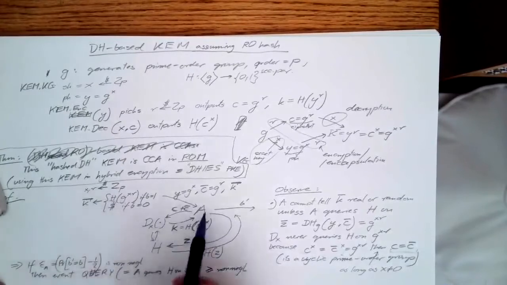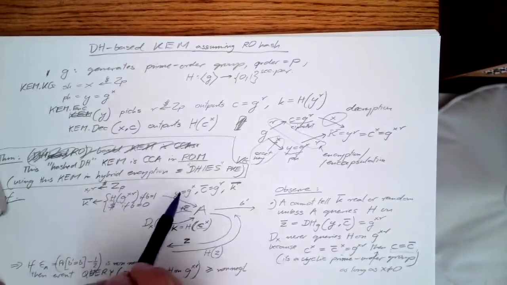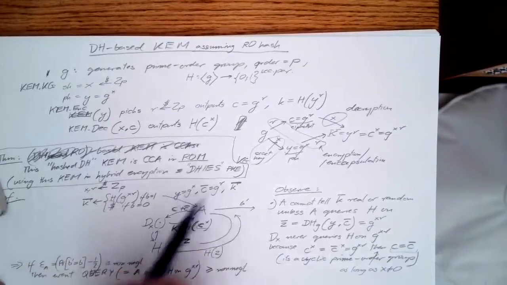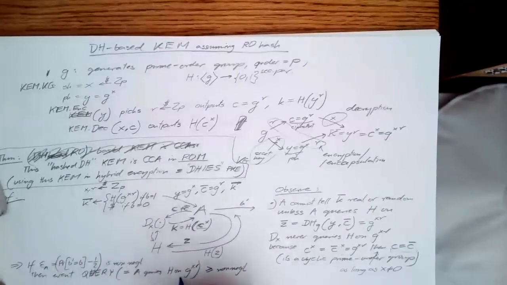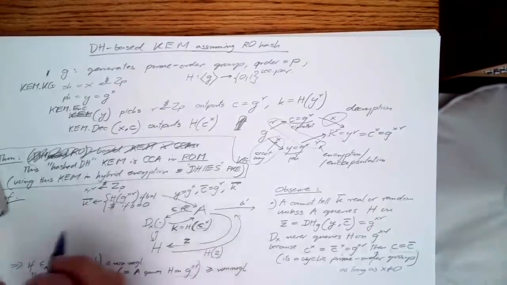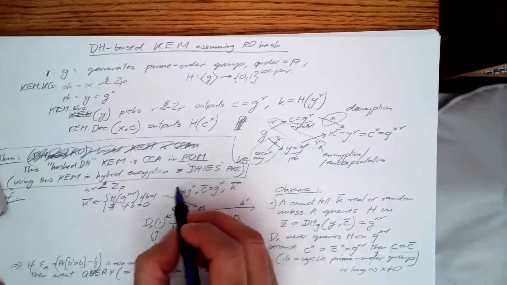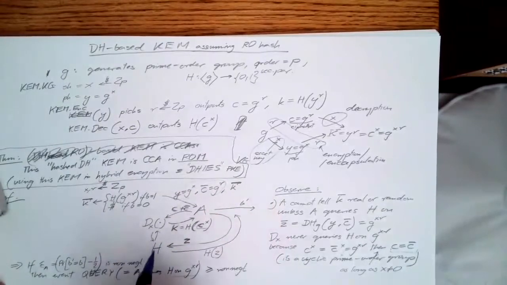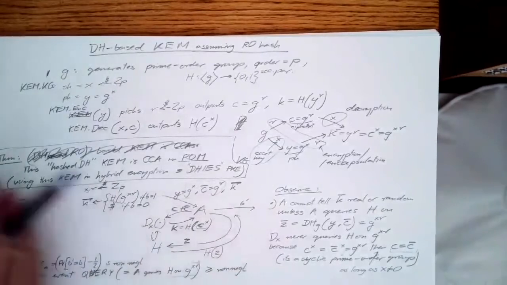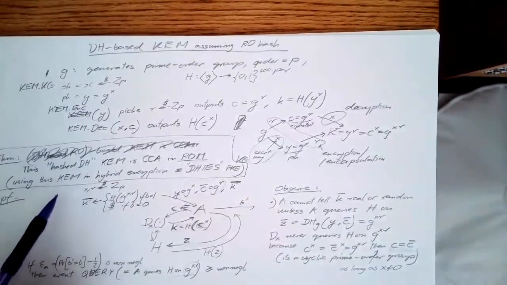So now we have a system where A gets a Diffie-Hellman challenge, gets to query decryption, gets to query the hash, and at some point must query H on G to the XR. If he does, then perhaps we can guess which of these polynomially many queries contains this, and the reduction, given this Diffie-Hellman challenge, is going to guess one of these, and it will be equal to that, and it will solve the Diffie-Hellman problem.